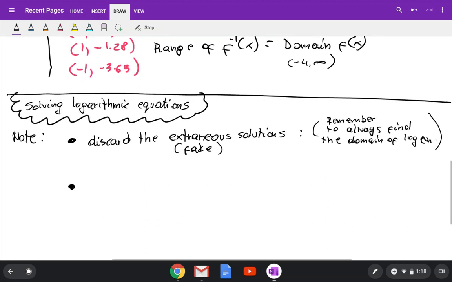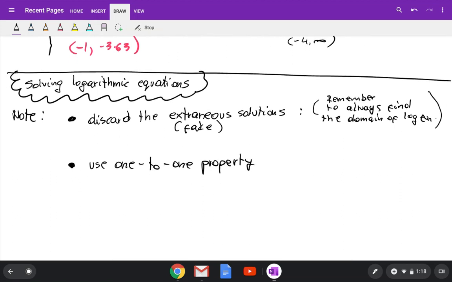Second, you're going to use the one-to-one property to solve equations. So let me give you an example of the one-to-one property. Let's say you will be solving log base 2 of (x plus 5) equals log base 2 of 9.